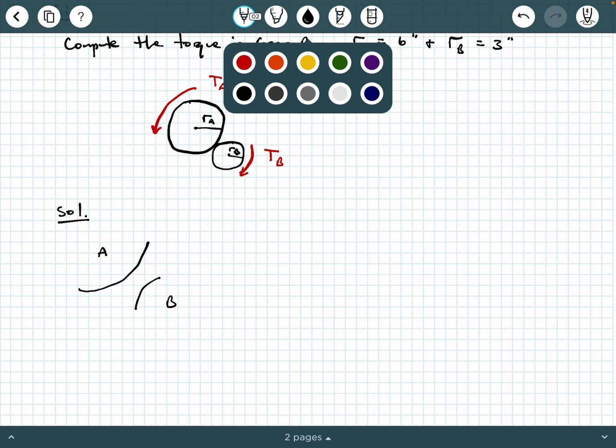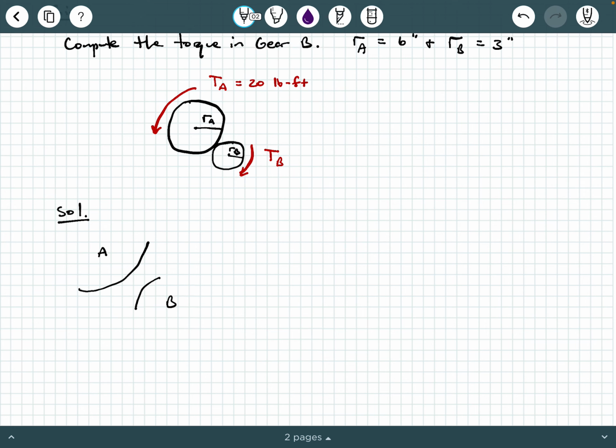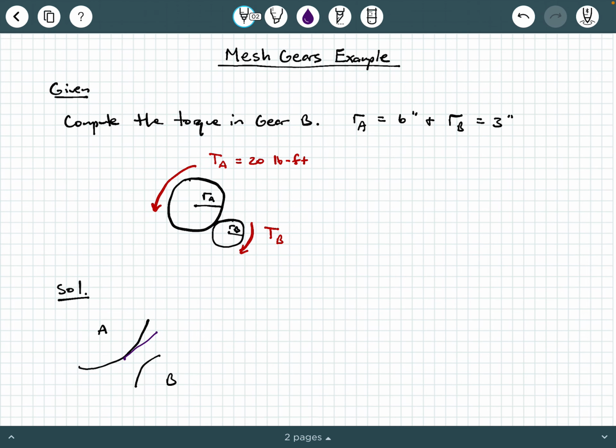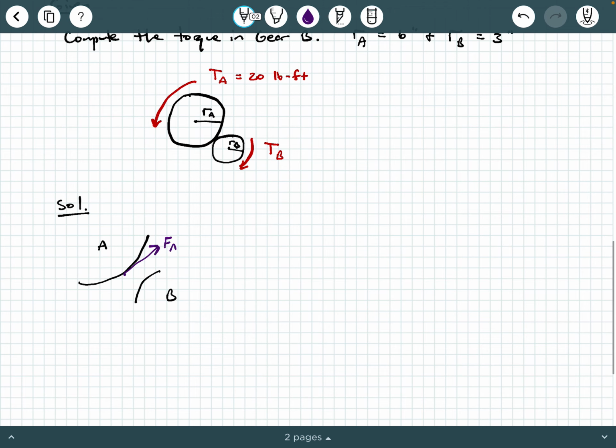And so what's going to happen is you're going to have this tangential force that develops here. That's FA. And then at the same point on gear B, at that point of contact, you're going to have a tangential force FB that's the same magnitude as FA but opposite of direction. So that means that FA is going to equal FB.